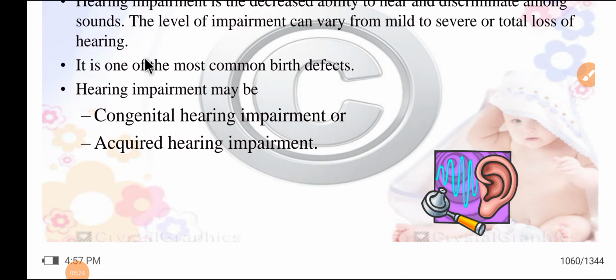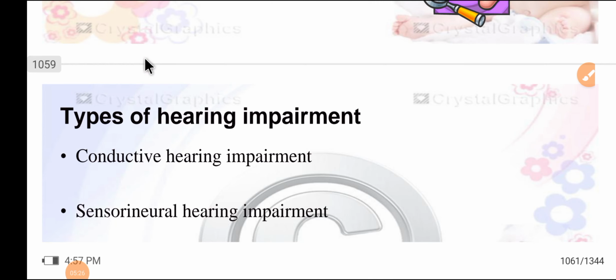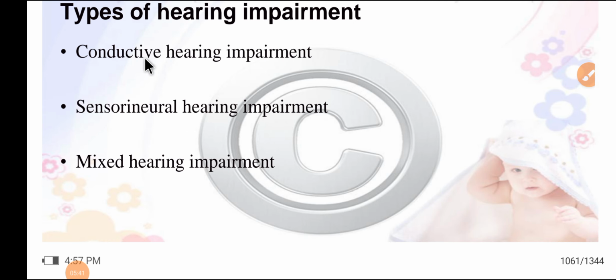Types of hearing impairment: conductive hearing impairment, sensory neural hearing impairment, mixed hearing impairment.